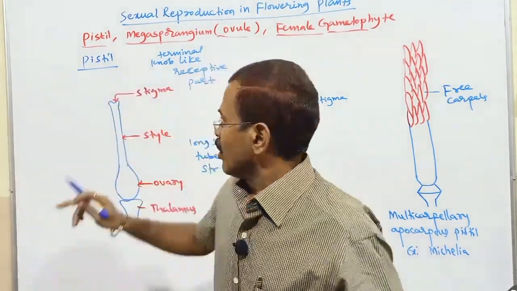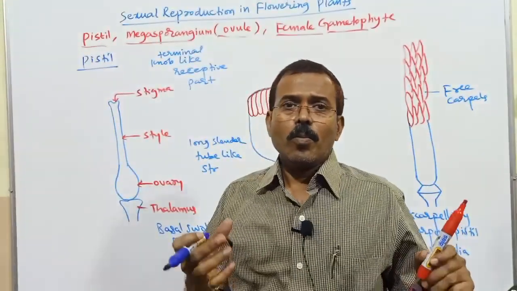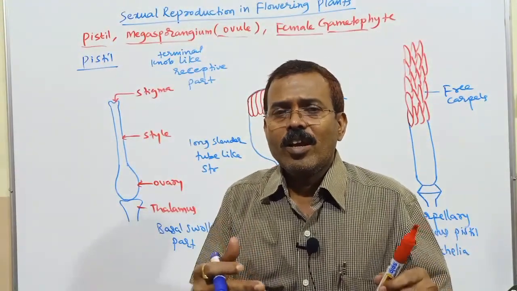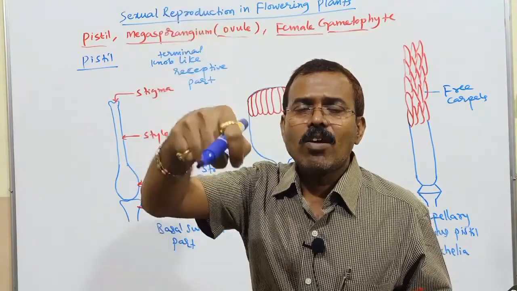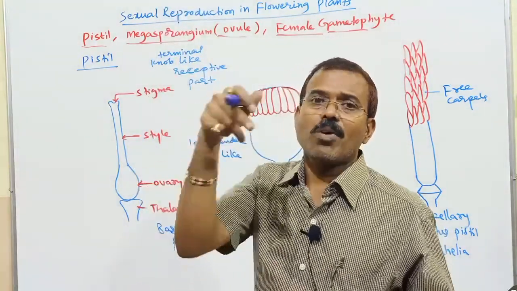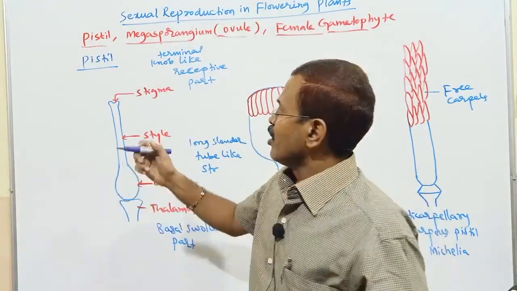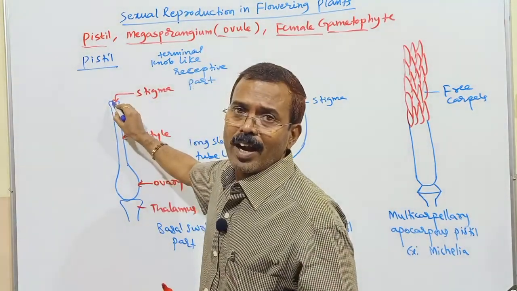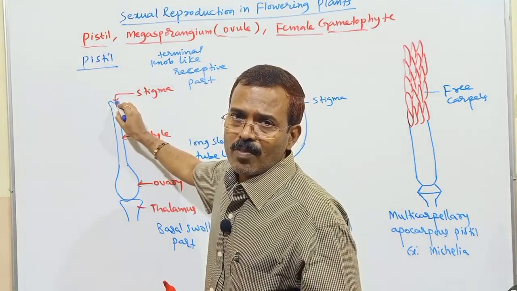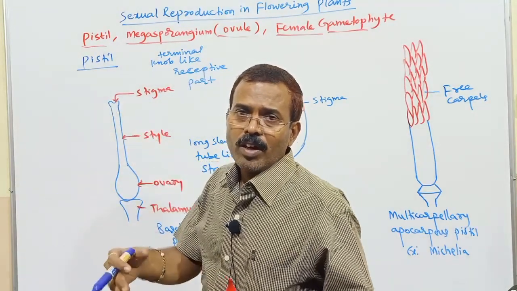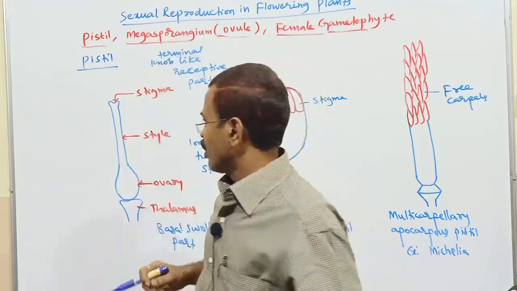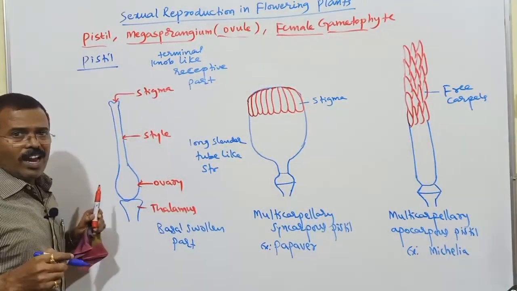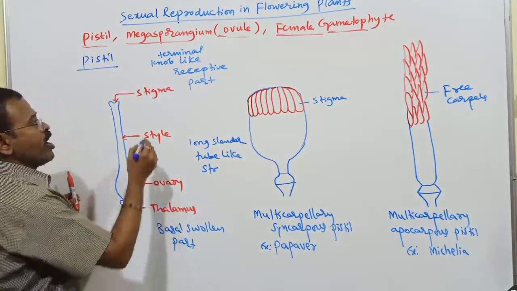The stigma is meant for landing of the pollen grain. After the pollination process, the pollen grains can come and land on the stigmatic surface. So it is the landing platform for pollen grains.